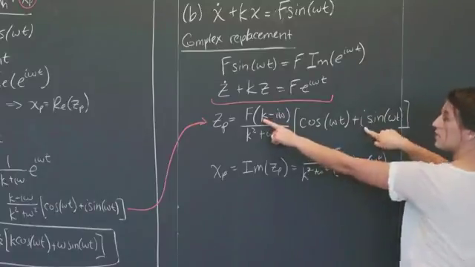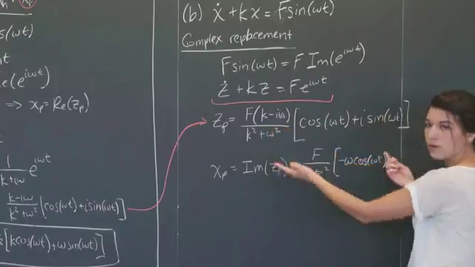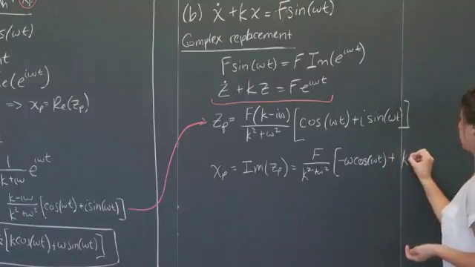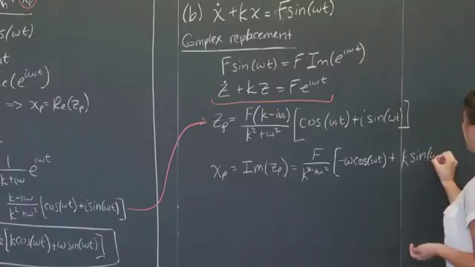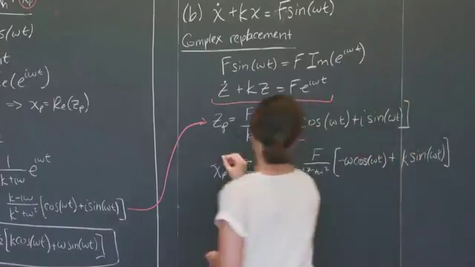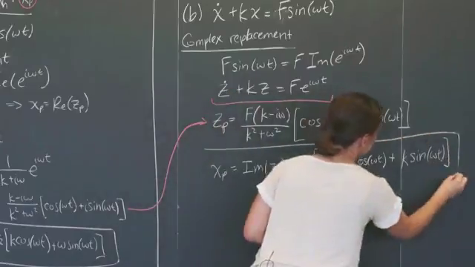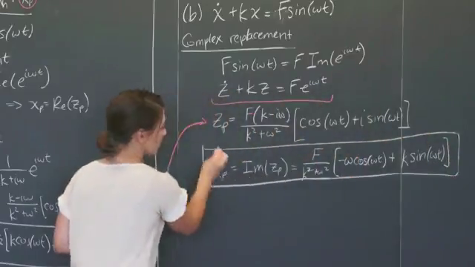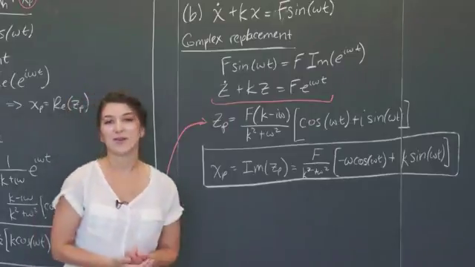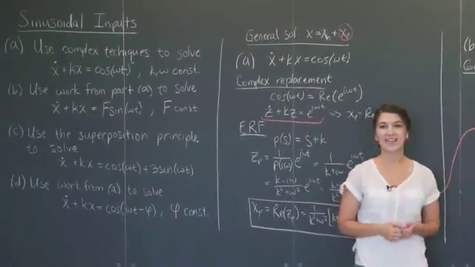And k times i sine omega t is also part of the imaginary part of z sub p. So plus k sine of omega t. Now this is our particular solution for part B. Since we've completed part B, I will let you work through part C, and we'll come back in a moment.